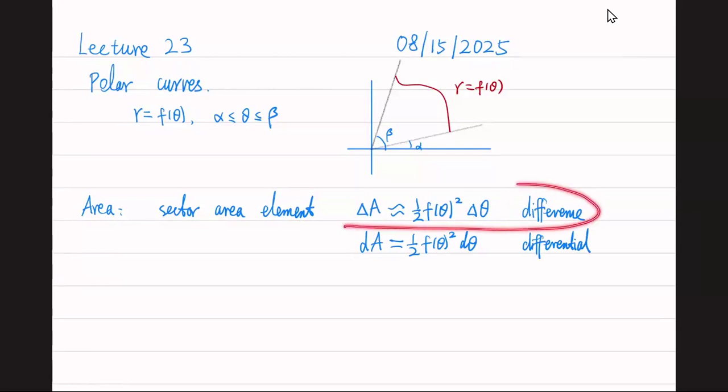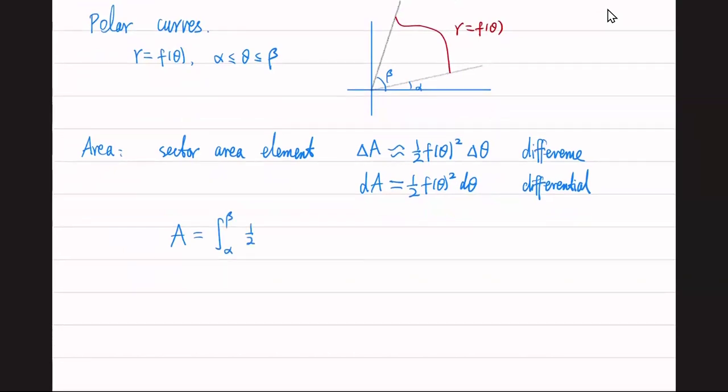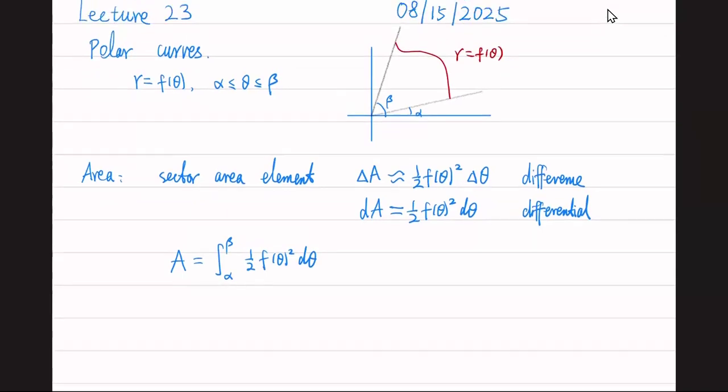In our case, the difference means if this changes, how the area changes. Then the total area.